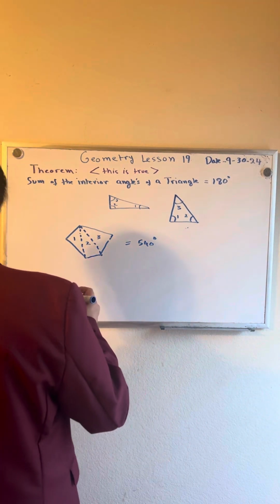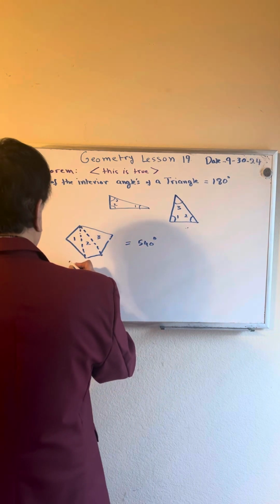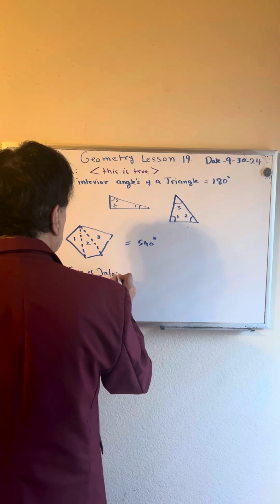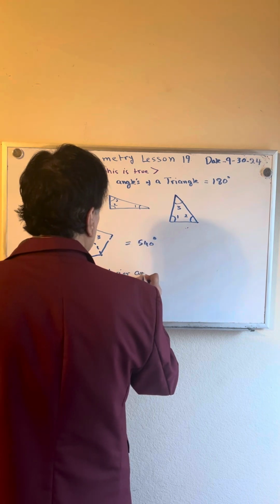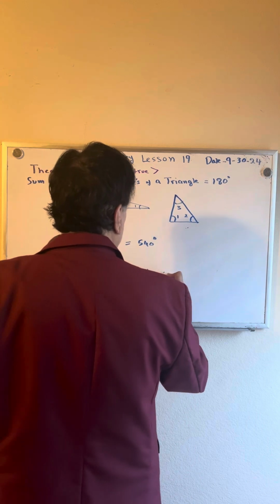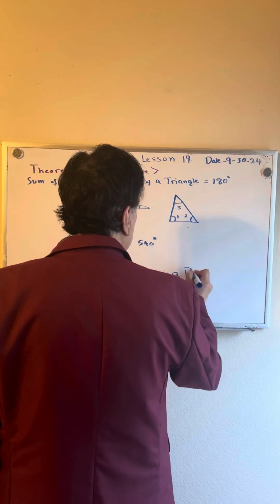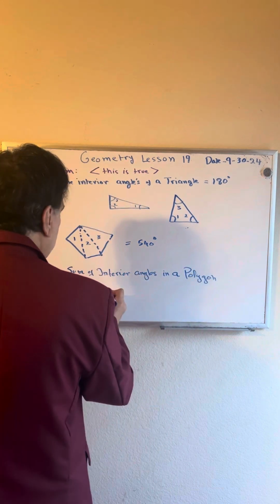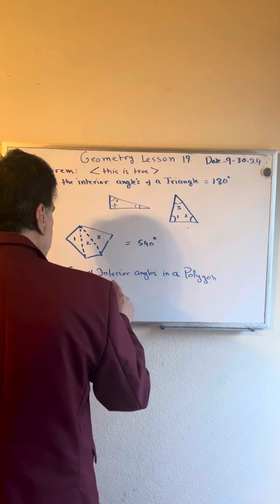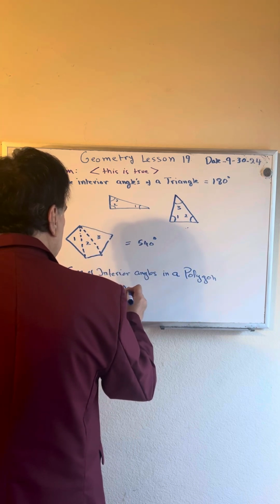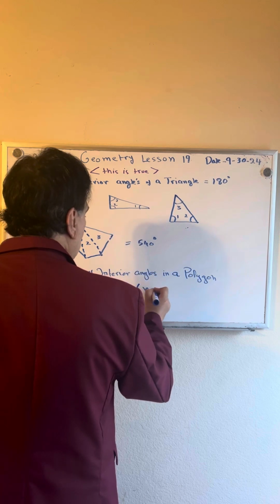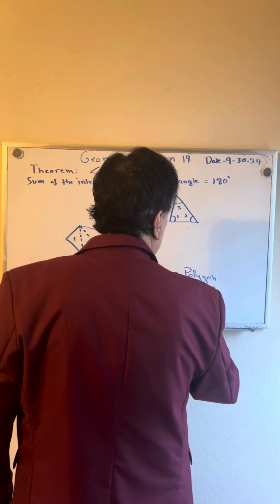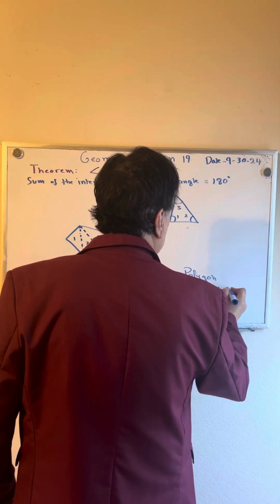The formula is: the sum of interior angles in a polygon is equal to 180 times n minus 2, where n is the number of sides.